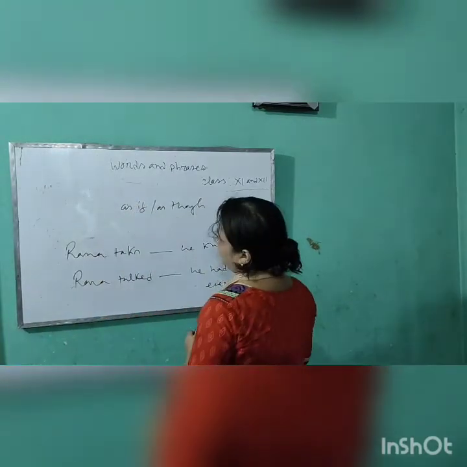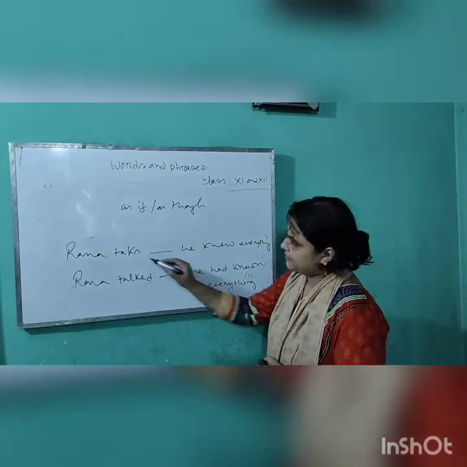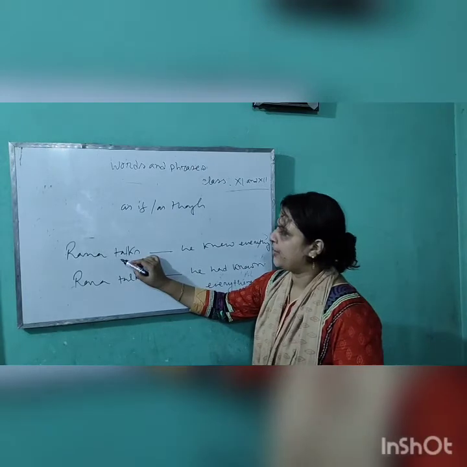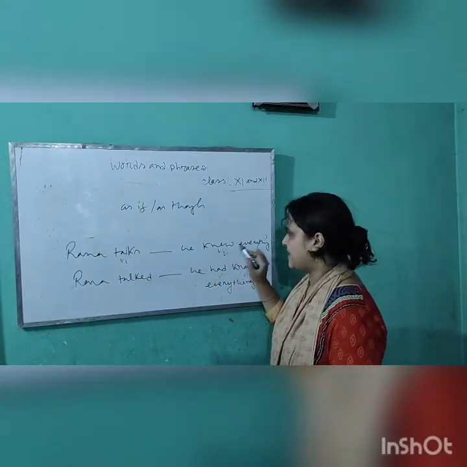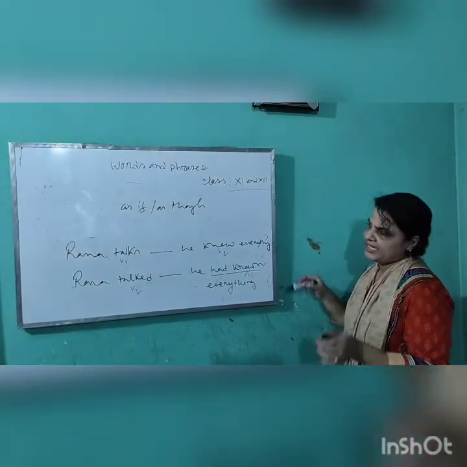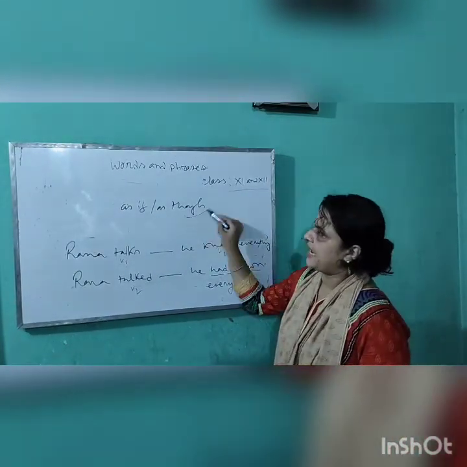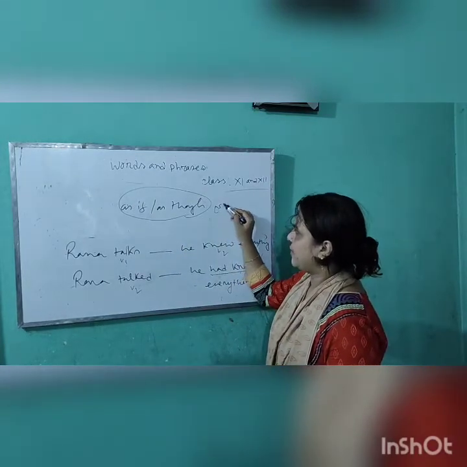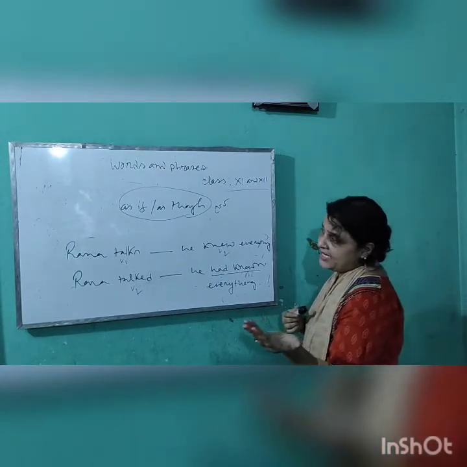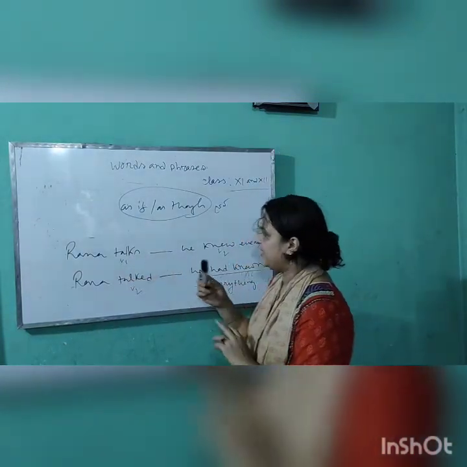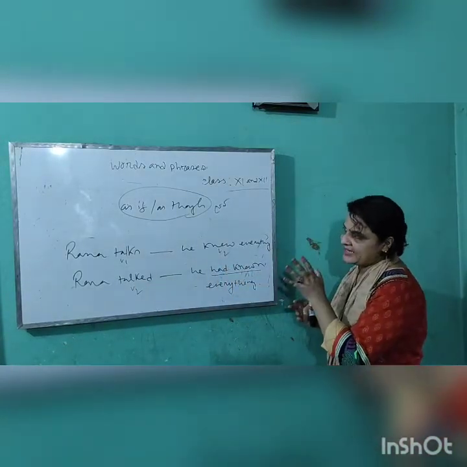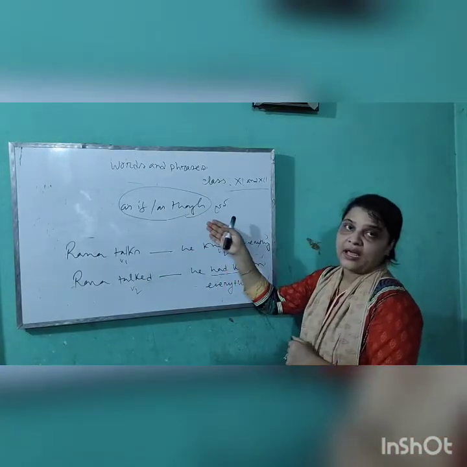Whenever you find such examples, like here we find present indefinite, and here it is past indefinite. It is past indefinite and it is past perfect. So in such a format, you will use as if or as though. Whenever you find present indefinite here and past indefinite there, or past and past perfect, in those cases you will use as if or as though.